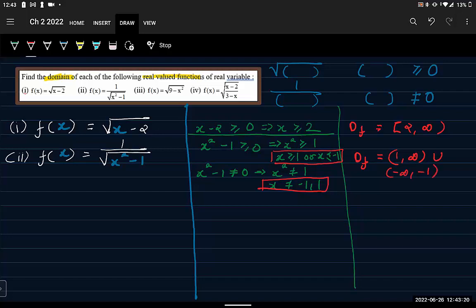Again, minus 1 won't be included. So whenever we have both kinds of restrictions, root and denominator, we will satisfy both the conditions simultaneously and then write the respective domain.